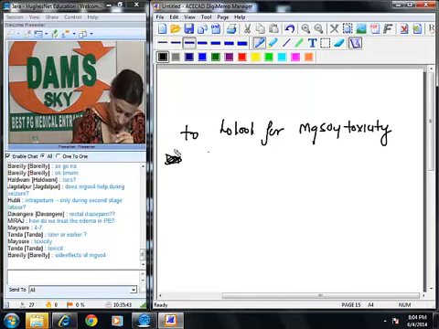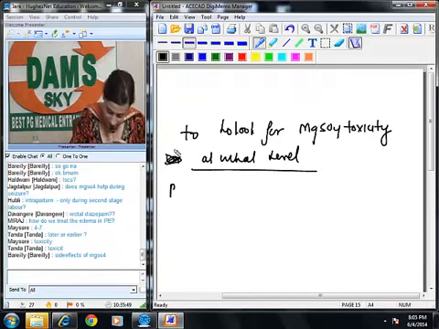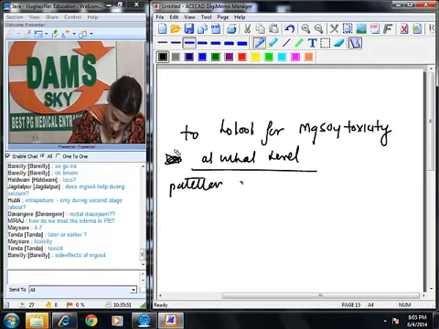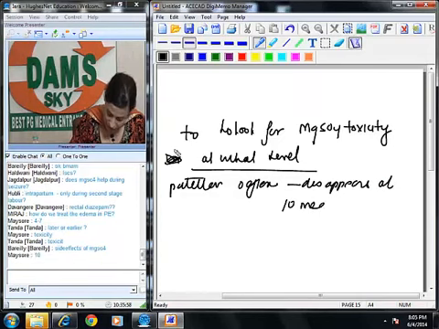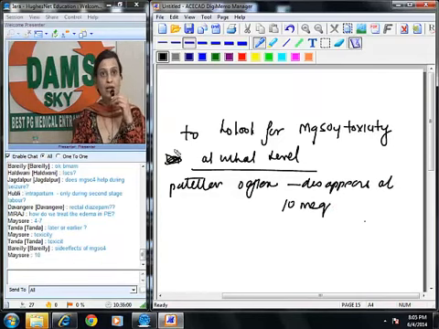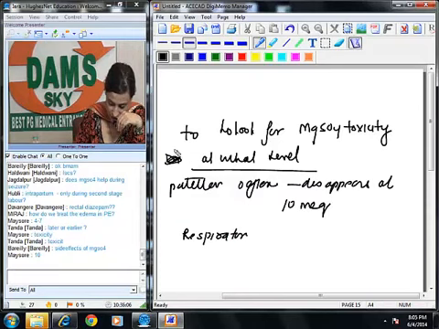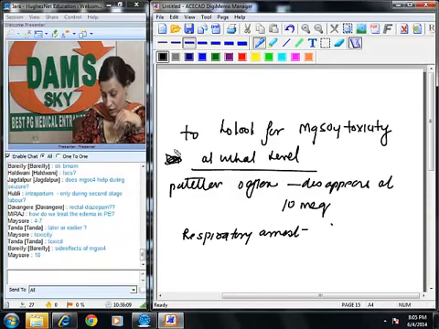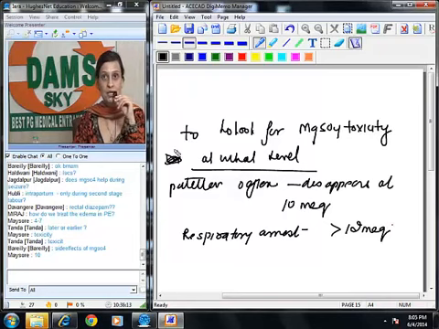If you are specifically asked at what blood level does the patellar reflex disappear? So the patellar reflex disappears at 10 milliequivalents. Very good, Mysore, at 10 milliequivalents. There is going to be a respiratory arrest at levels more than 12 milliequivalents.